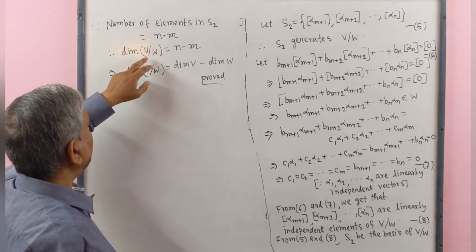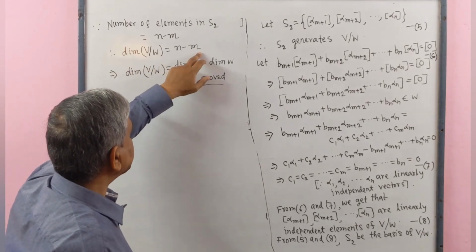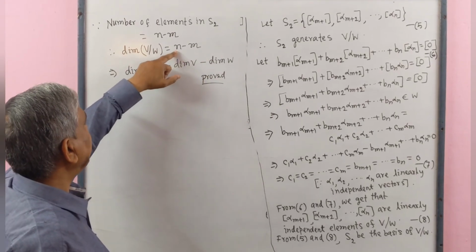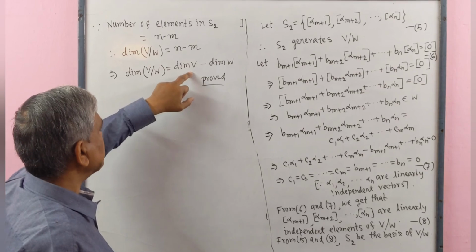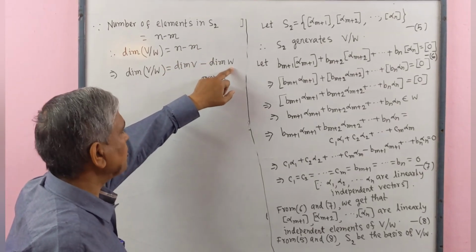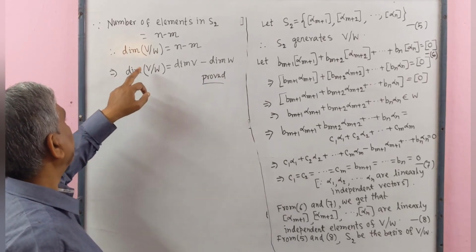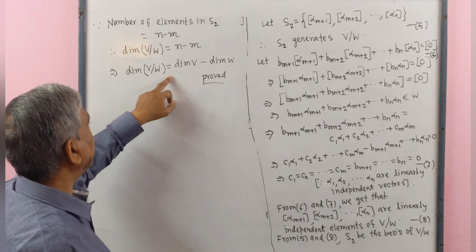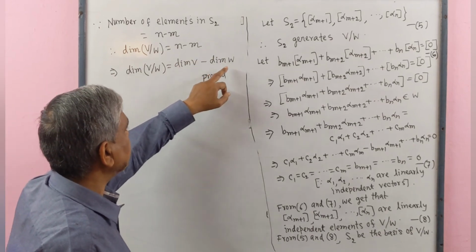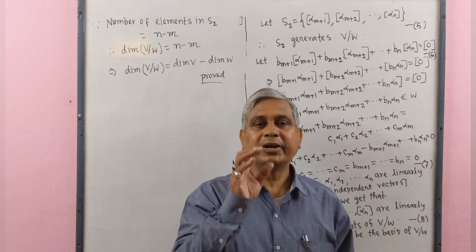Therefore, dimension of V by W equals n minus m. n is the dimension of vector space V and m is the dimension of subspace W. Therefore, dimension of V by W equals dimension of V minus dimension of W. Proved.